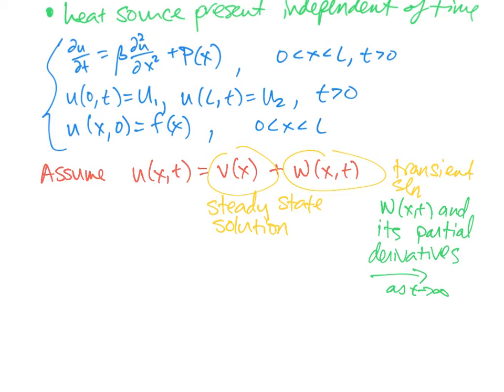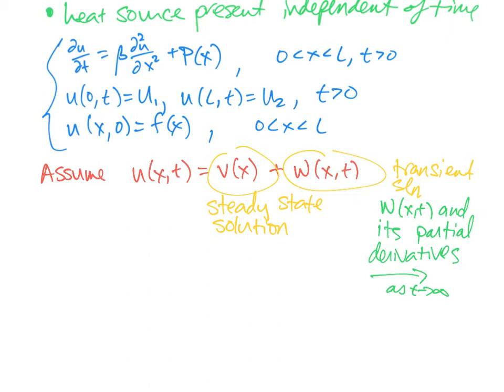So in your experience with how heat flows, as time goes on, if your external heat source isn't changing, you just have this constant temperature, then everything in the environment is going to go to a steady state that isn't going to change over time.